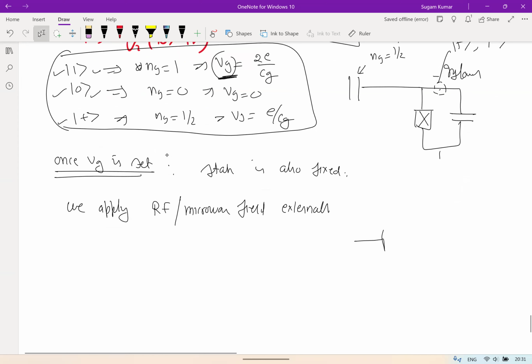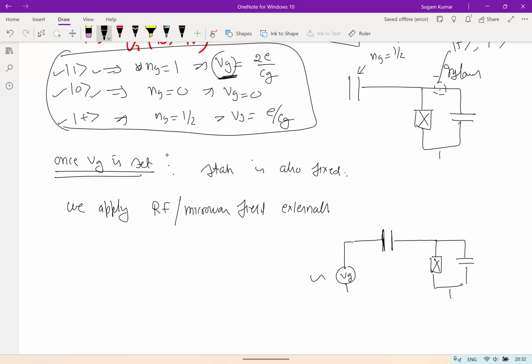So there's a capacitor here, and then you have our Cooper pair box, and then there is a Vg. And what we do here is superimpose an RF field along with that. So this Vg will be equal to Vg plus some V_RF. So we apply the RF field along with that.